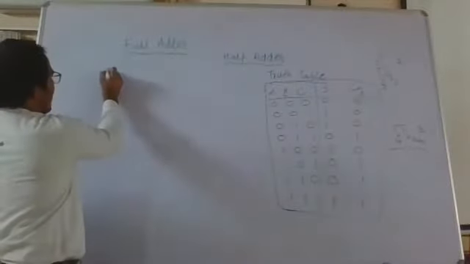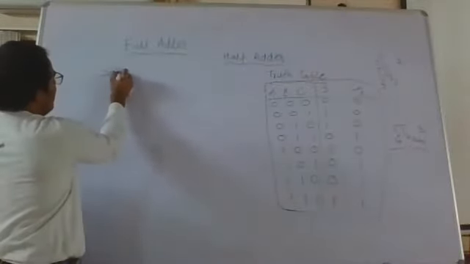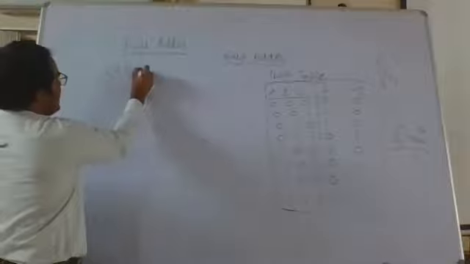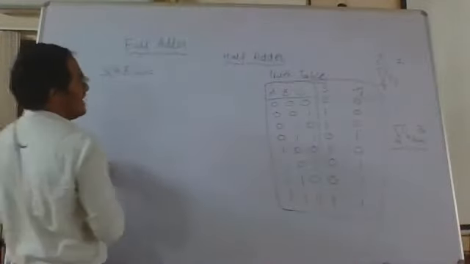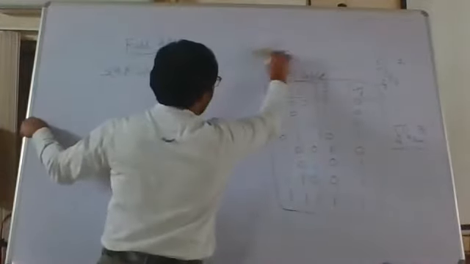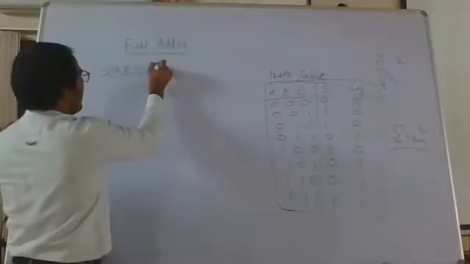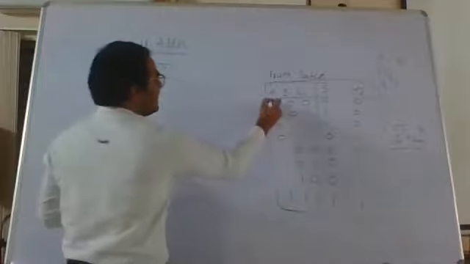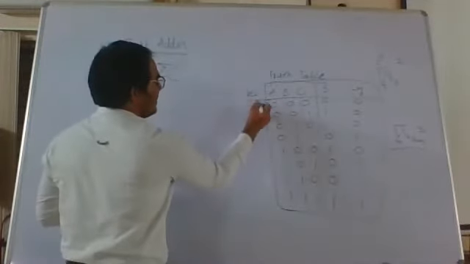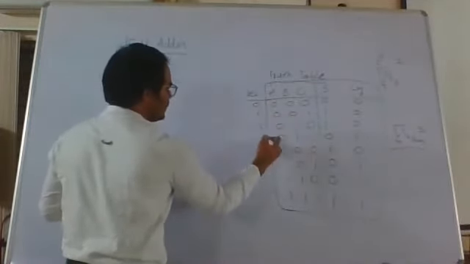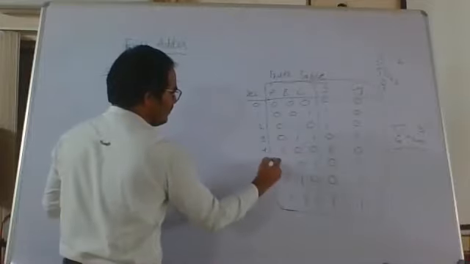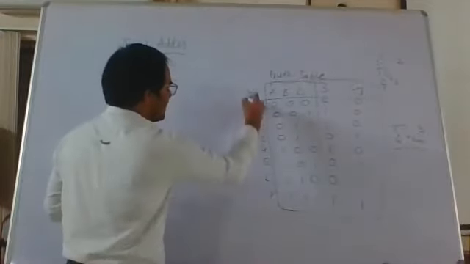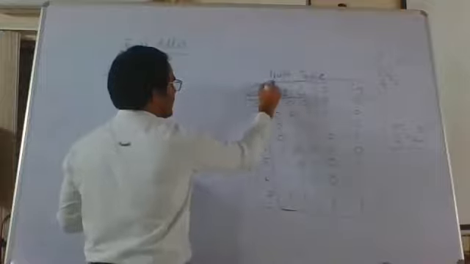Let me proceed: sum as a function of A, B, Ci can be expressed as sigma of the minterms. The decimal equivalents are 0, 1, 2, 3, 4, 5, 6 and 7. This we already knew because we already know the binary numbering system.